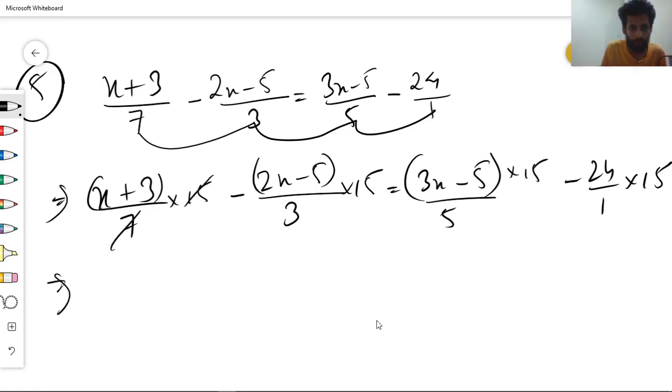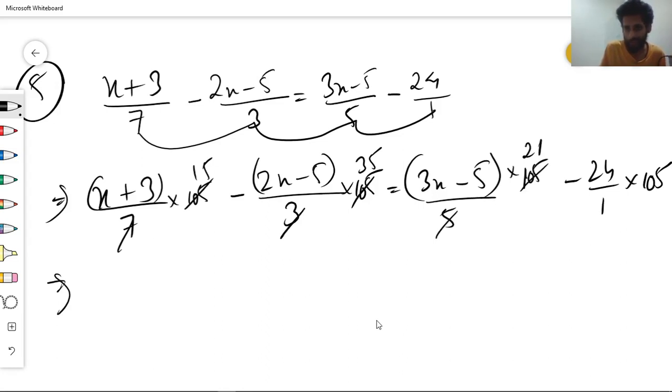Here 7 is 105, not 15. Now 7 15s are 105, 3 35s are 105, 5 21s are 105.